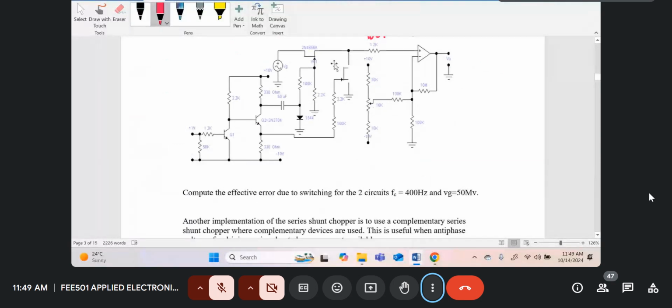So for example, in this circuit over here, the switching device is only this top 2N4856A, and the bottom one, it's not very clear, it's also the same transistor. So this capacitor, 50 microfarads, is only used to perform the anti-phasing, which I explained. Okay?